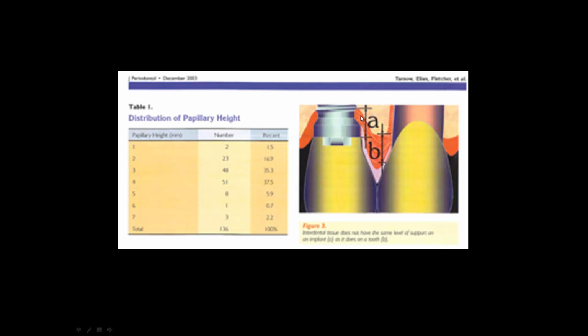But once again, if the implant and the tooth are close to each other, less than 2 millimeters, or 2 millimeters or 1.5, the papilla will be held by the position of the bone on the adjacent tooth. That's what's going to hold it, even if the position of the bone or the biological width is a little bit less here.